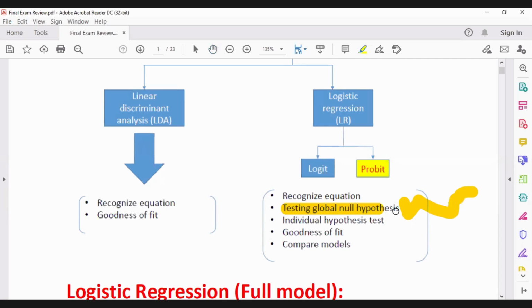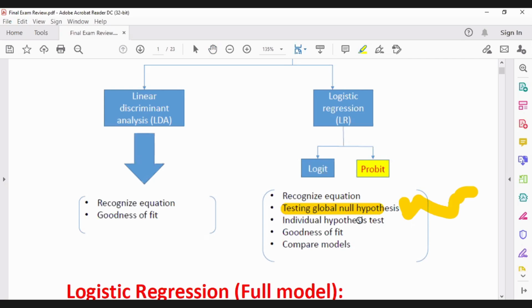So this is the Wald test used to test the global null hypothesis of the model. It is similar to the Fisher test applied to multiple linear regression, where yt is continuous. The second one, you need to look at individual hypothesis tests, whether each single coefficient is significant or not.